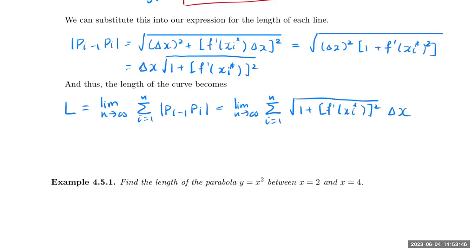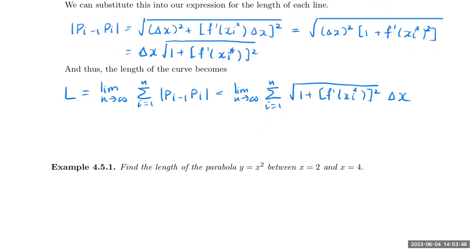So now we could actually just go ahead and write this as an integral, because here our delta x is just going to be our dx. Our square root of 1 plus the derivative of f at x_i star squared is just going to be written as f prime of x, whole thing squared.